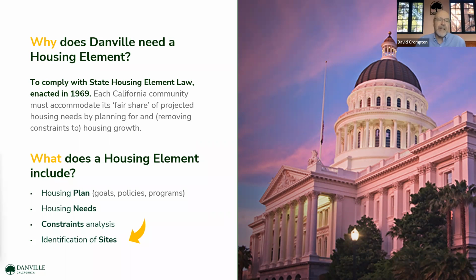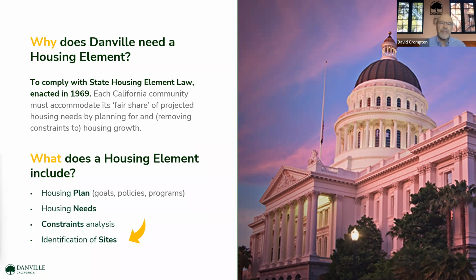So what is in a housing element? Well, again, it's a plan for housing and includes goals for how we are going to achieve our housing needs. It has policies that help us define the goals and our programs. Basically it's what are our housing needs and how are we going to get there? It includes a number of different appendices that you'll see in the Town Talks site that Diane referenced. One of them is the constraints analysis.